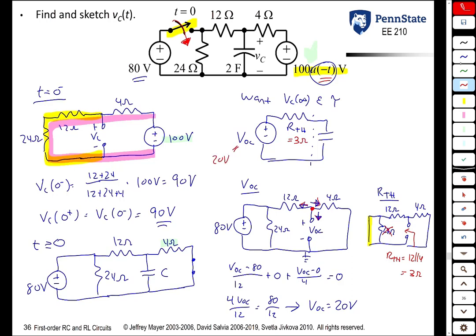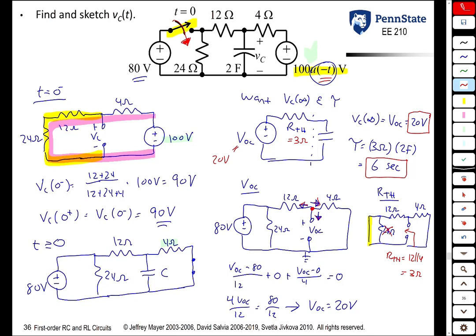From that, we can determine that VC of infinity just happens to be VOC, or 20 volts, and the time constant tau is going to be 3 ohms times 2 farads, or 6 seconds. I should point out that this is not the only way that you can find these two values.